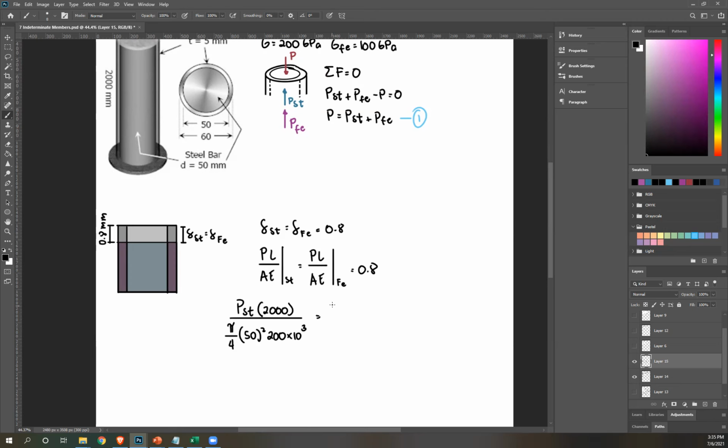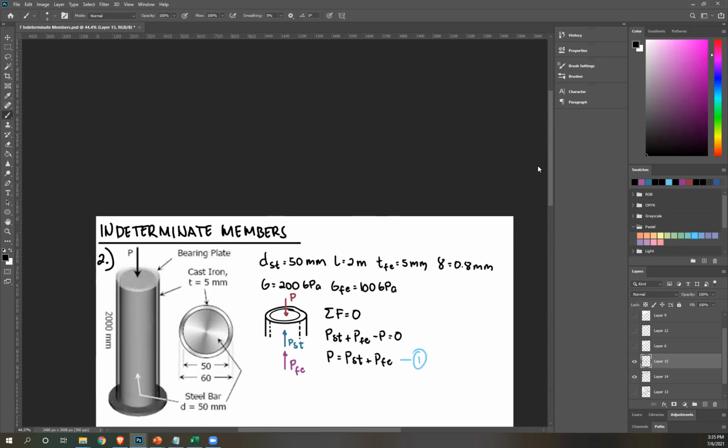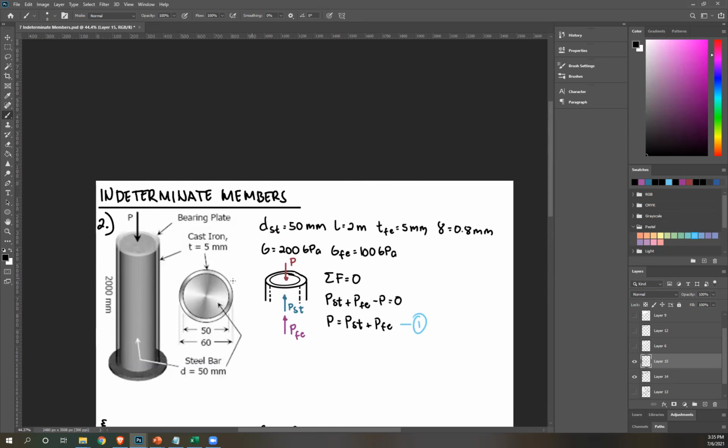Equate that for iron, so PFE. Its length is still 2 meters or 2,000 millimeters. Now, what is the cross-sectional area of your iron? It's only this, right? So that's just a ring, the area of a ring. And the area of a ring is just pi over 4 times the outer diameter squared minus the inner diameter squared.